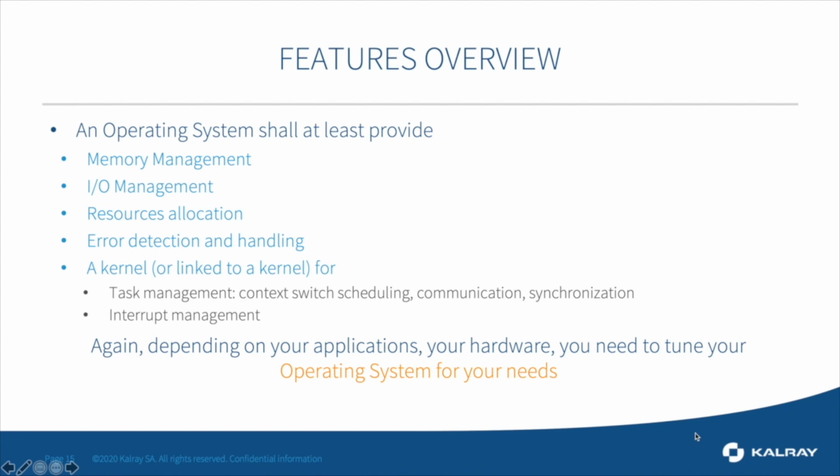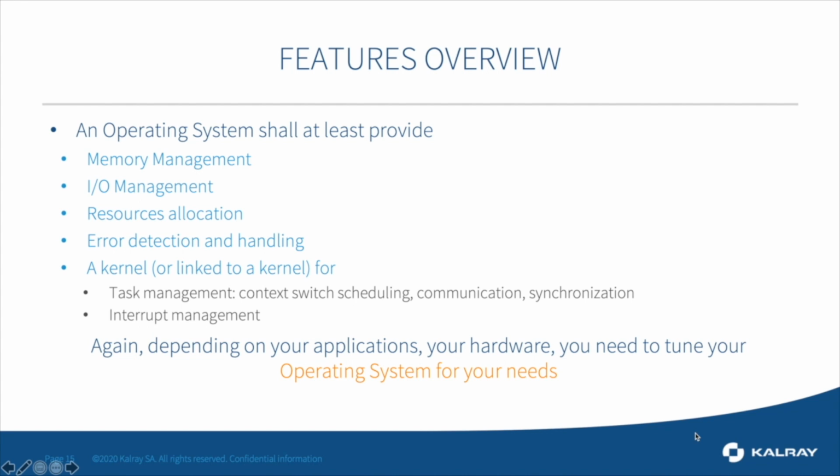What an operating system needs to achieve first is obviously to provide memory management, so you can actually have data and a programming model within your system. I/O management, so you can have access to the external data.